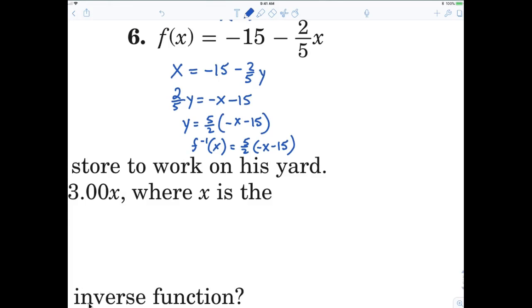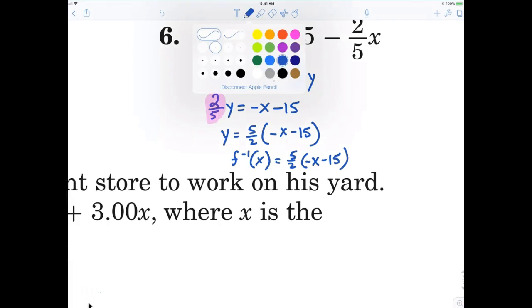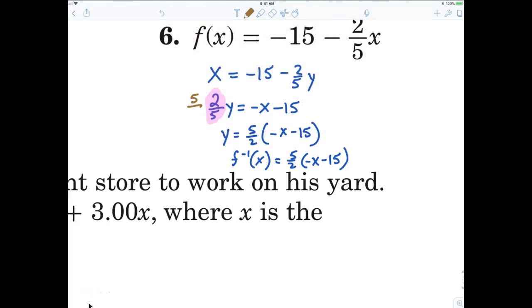Because to get rid of a fraction, watch what I'm going to do. I'm going to put a 5/2. But on the second step, it's still there. Well, that's because in order to get rid of it, I have to do it to both sides. Oh, okay, I get it now.